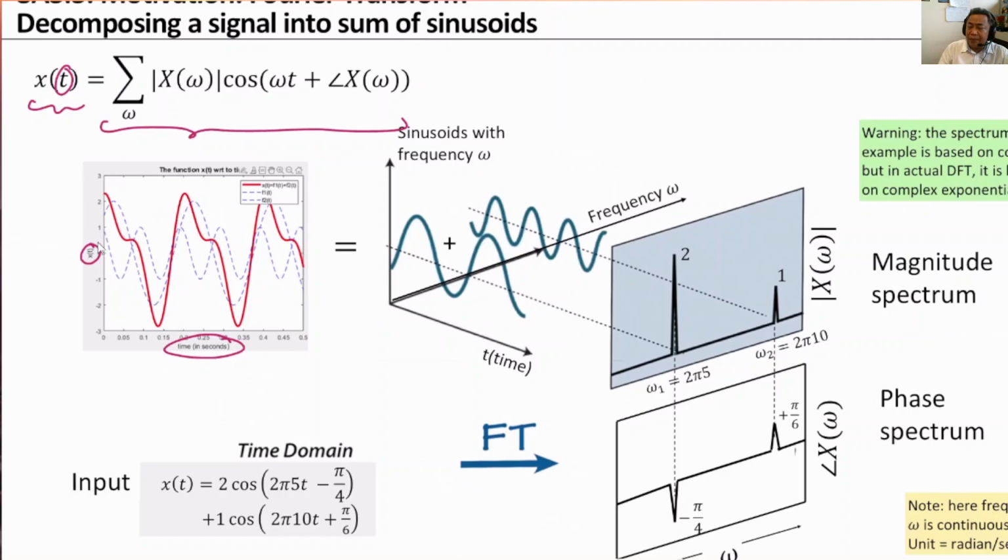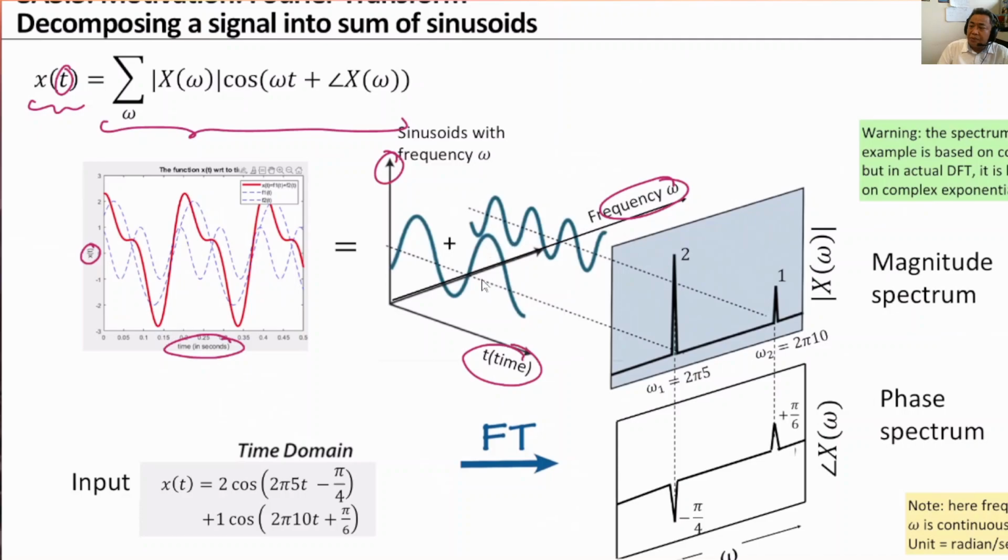Well, first you have to recognize that these two blue dots can be sketched in a three-dimensional plane, where now we have time in this axis, the amplitude in this vertical axis, and one more axis stretching out, which is called the frequency.